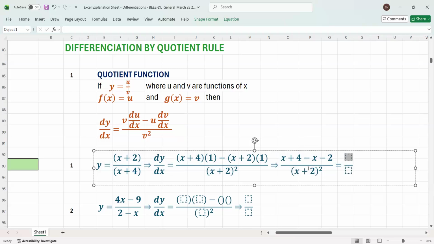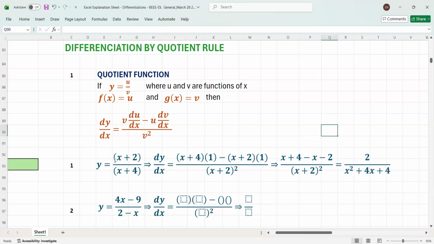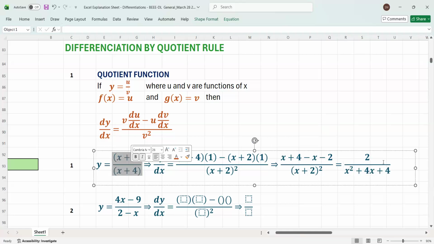So x minus x goes away. I'll be left with 4 minus 2. So the numerator becomes 2, and the denominator, if you want to leave it like that, leave it like that, or you can write it in a quadratic form. So x squared plus 2x. Is it plus 2x? No, it's not 2x, plus 4x. And then plus 4. Okay. So when you differentiate this function, we should get something similar like this.